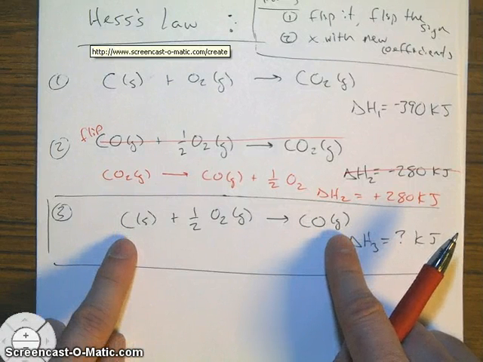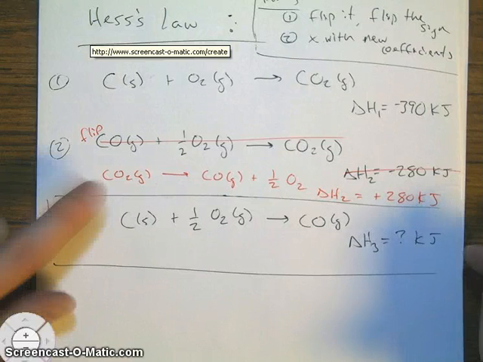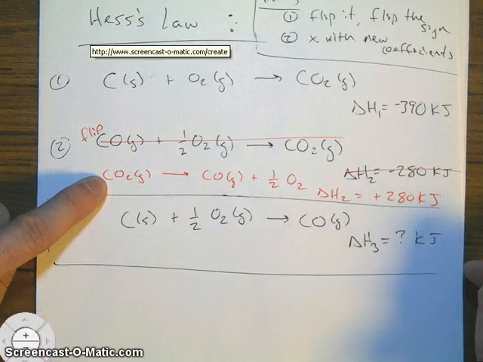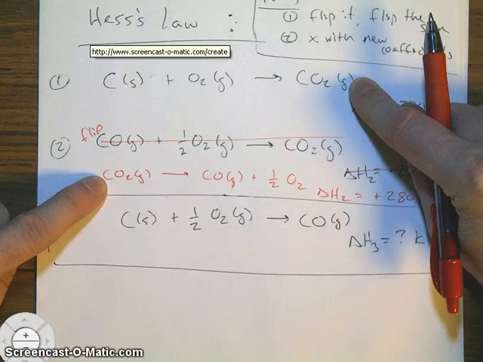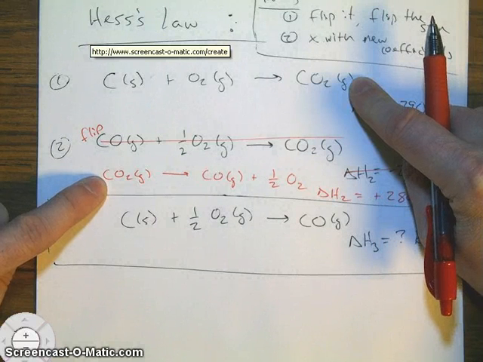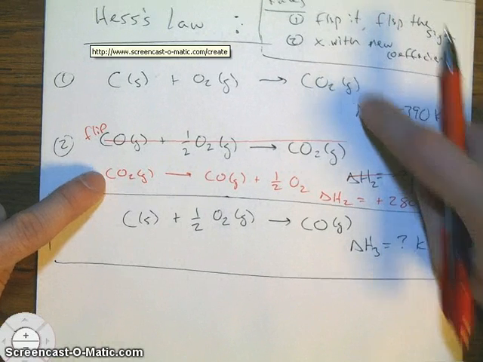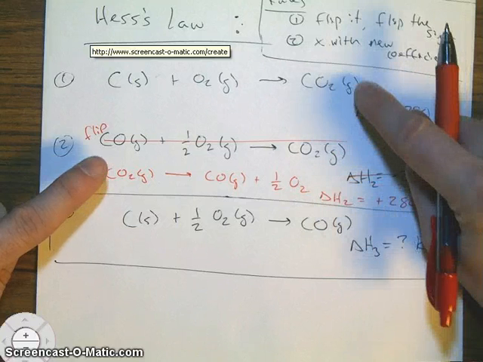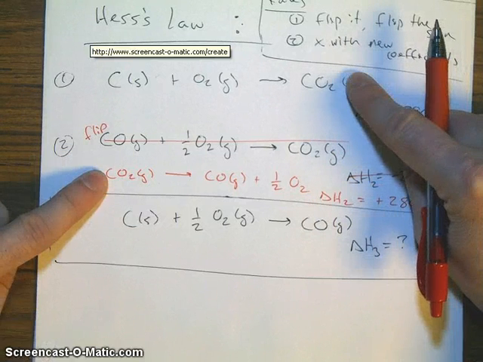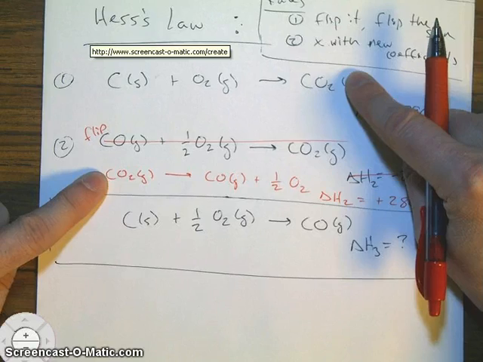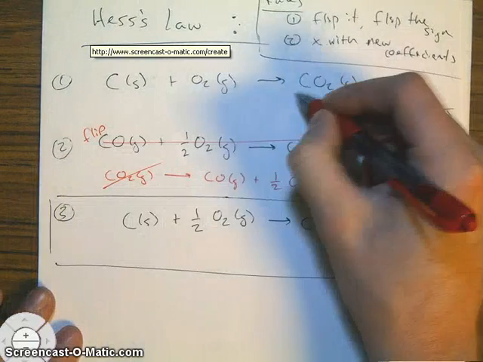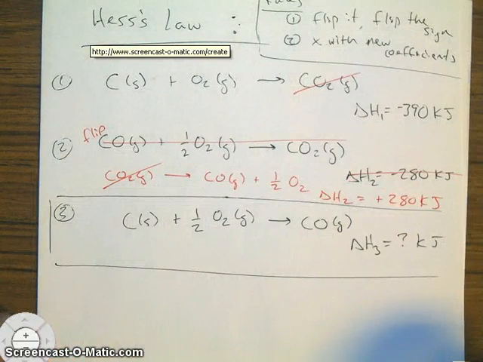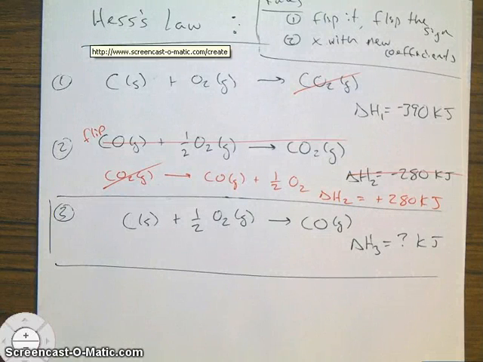But do you guys see how equation 2 has carbon dioxide now as a reactant and carbon dioxide as a product in reaction number 1? So when I add these two equations together, I'm going to have carbon dioxide on the left and carbon dioxide on the right, which means they cancel out. So if you have the same thing on both the left and on the right side, then you can get rid of it.